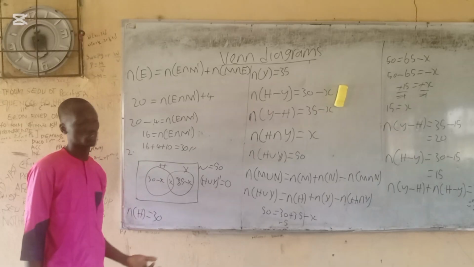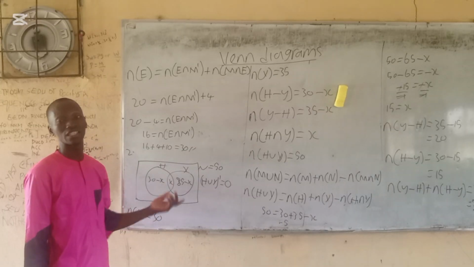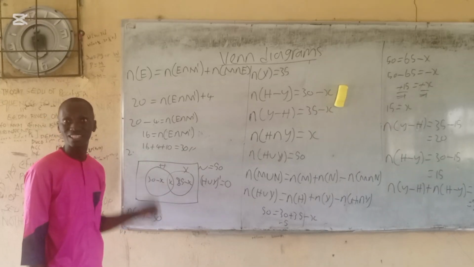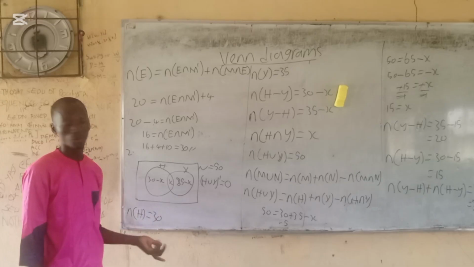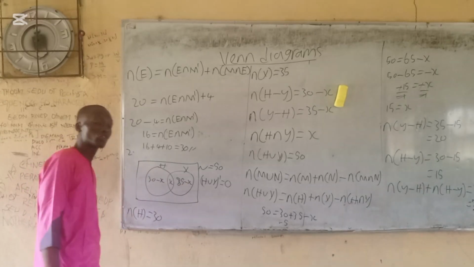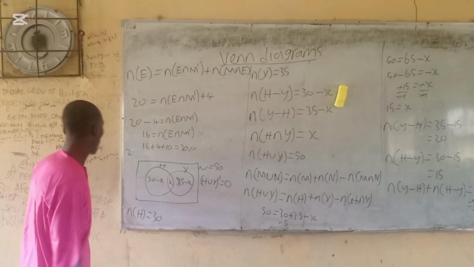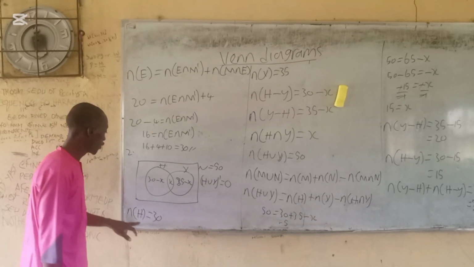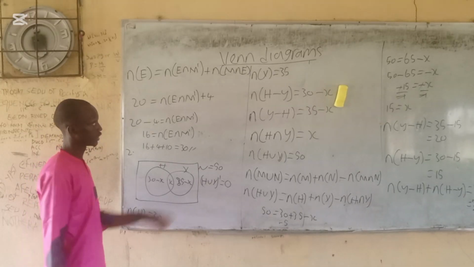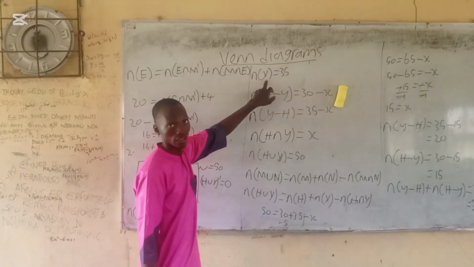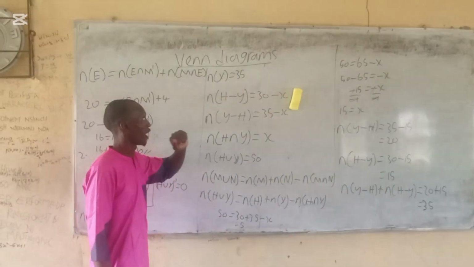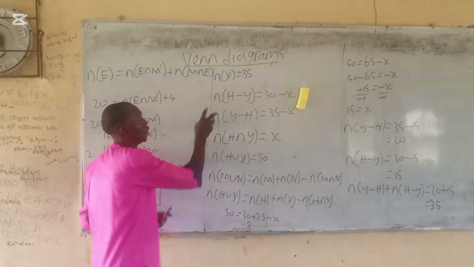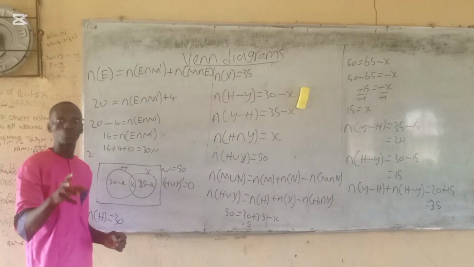Compared to the universal set, there's no complement. The complement is 0 according to cardinality. So now, n of H is equal to 30. n of Y is equal to 35.